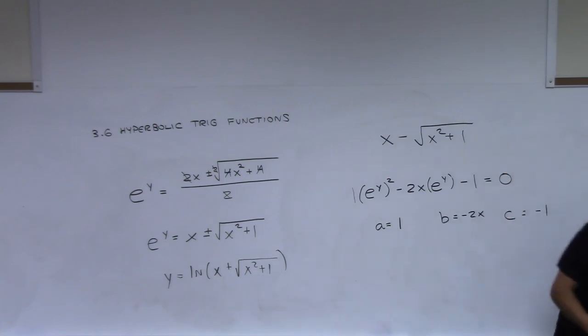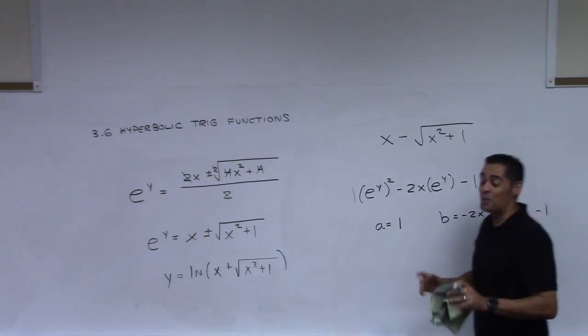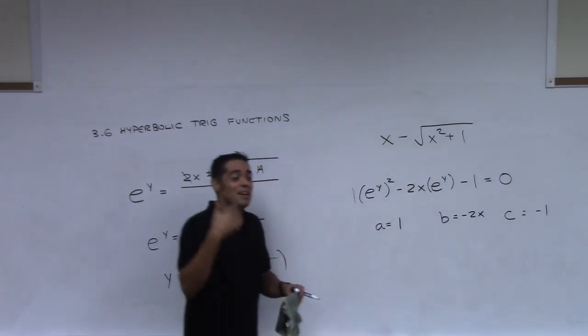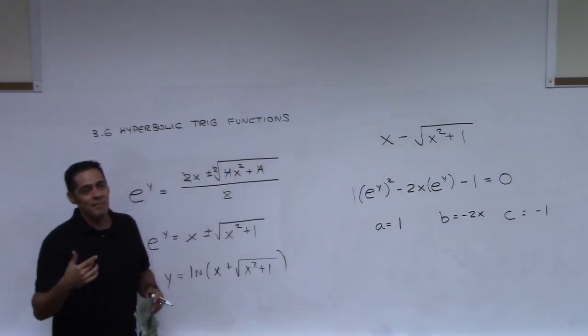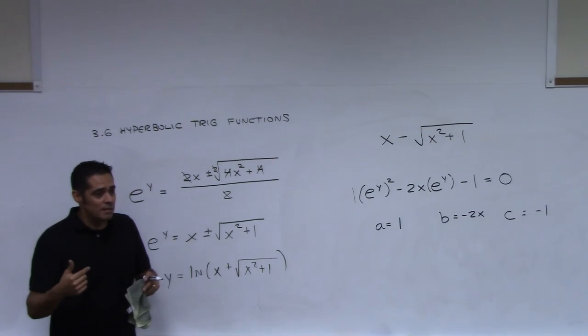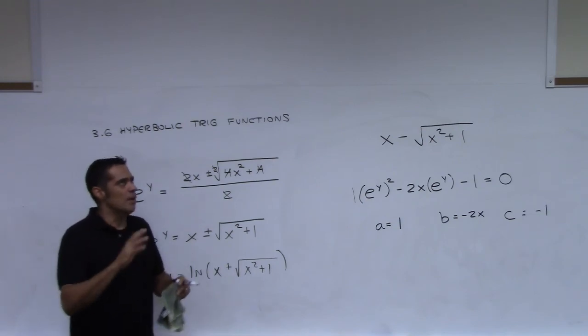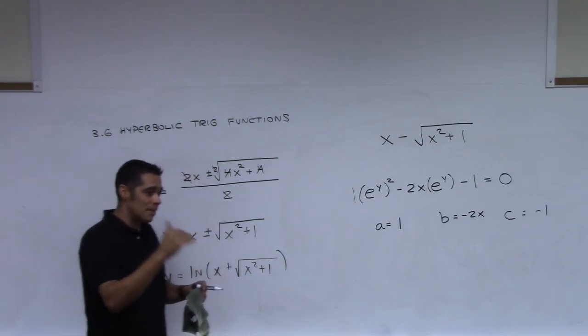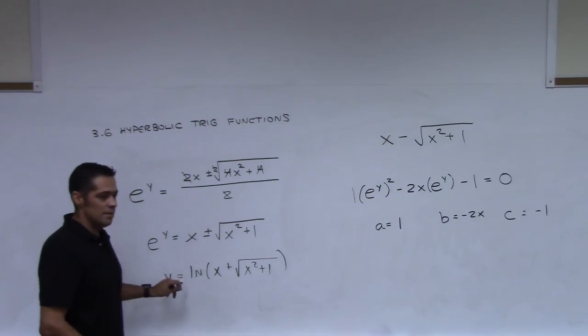Yes? Would it have been wrong to do like u prime over u? Where? Well, we didn't do a derivative. I was just trying to prove to you that the definition of the inverse hyperbolic sine is this.